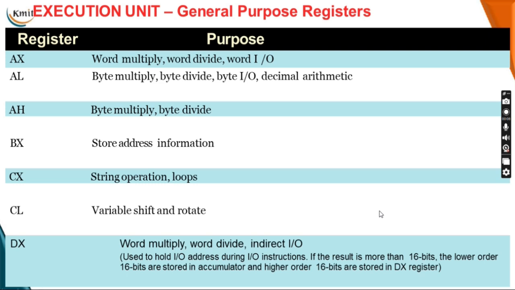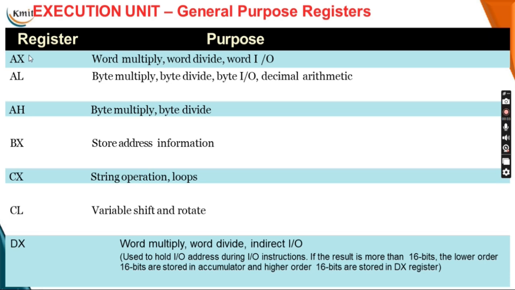In the previous session, we discussed register organization. In the register organization, we discussed the first registers, which are general purpose registers. The general purpose registers are four: AX, BX, CX, and DX.